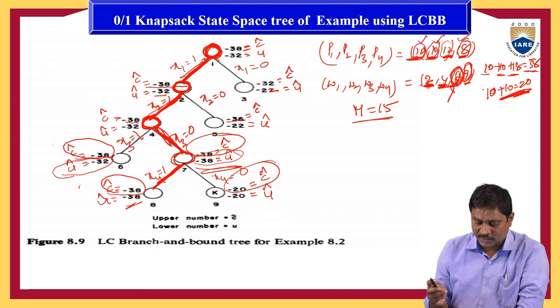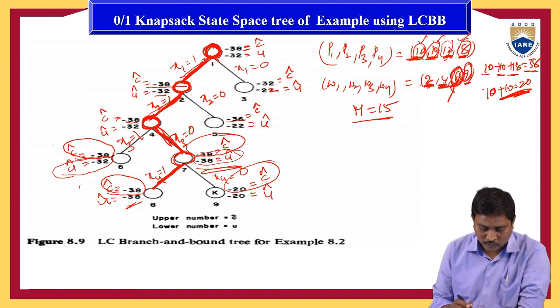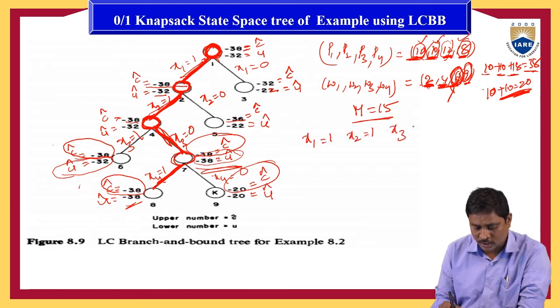Now here we see that the solution path is x1 equal to 1, x2 equal to 1, x3 equal to 0, x4 equal to 1.